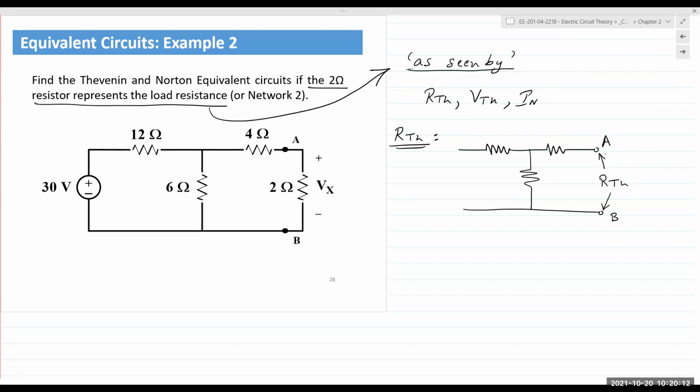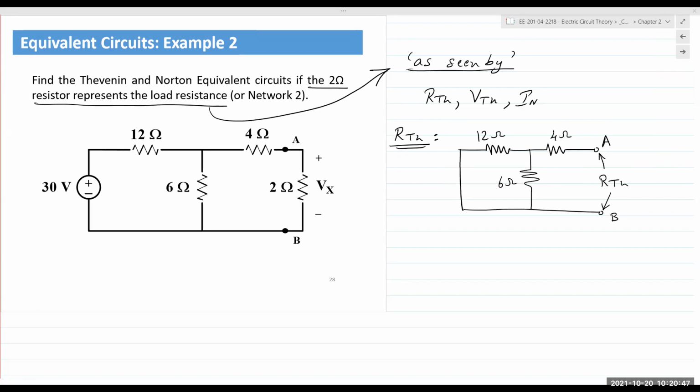Short it out. So we place a wire right there. That's it. Place a wire. This is 12 ohms, 4 ohms, and 6 ohms.